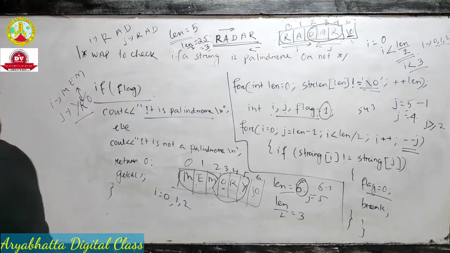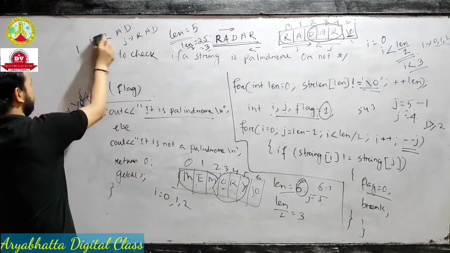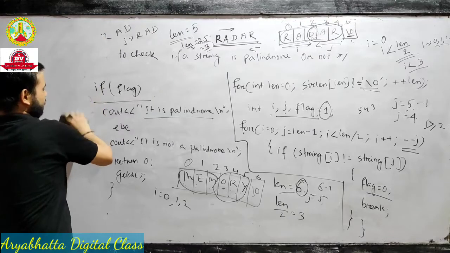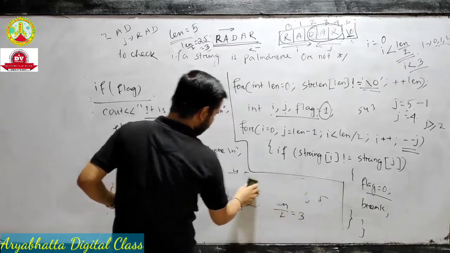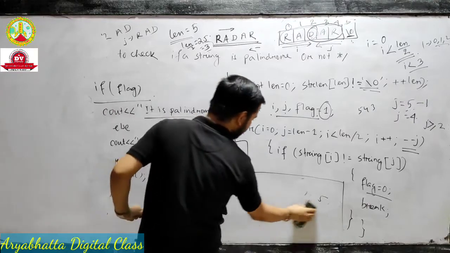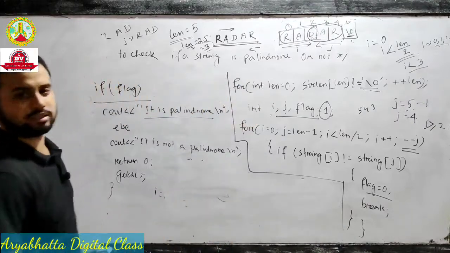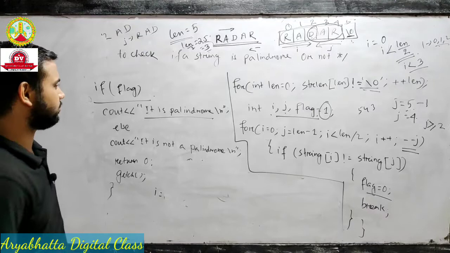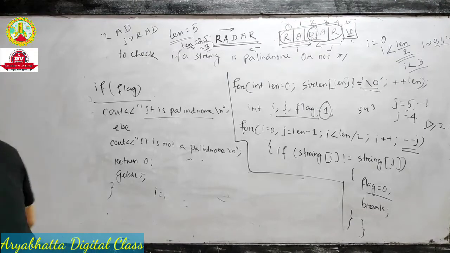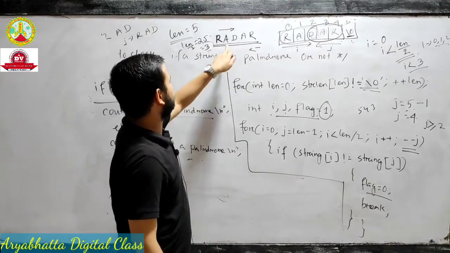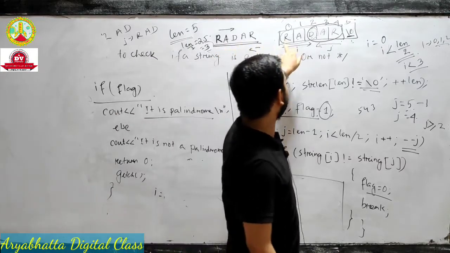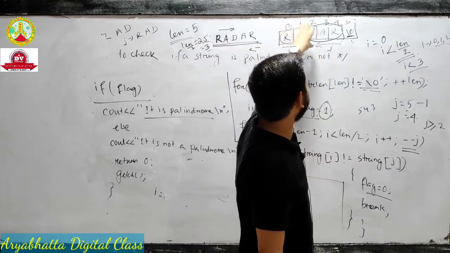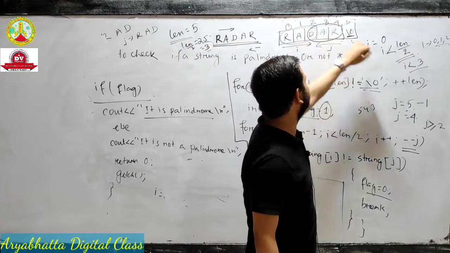Actually, you can simply understand that if the string in the forward and backward direction is not the same, then it is not a palindrome, and if the string is the same, then it is a palindrome. Again I am telling you, suppose this is the string RADAR and the length of the string is 6, 1, 2, 3, 4, 5, 6.